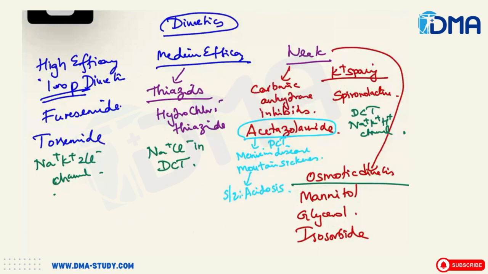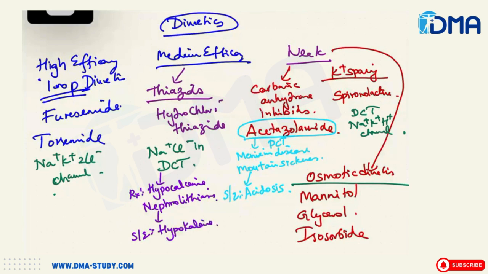Next, hydrochlorothiazide acts at the distal convoluted tubule. It is used in the treatment of hypocalcemia and nephrolithiasis. The prominent side effects of this drug are hypokalemia and hyperuricemia.